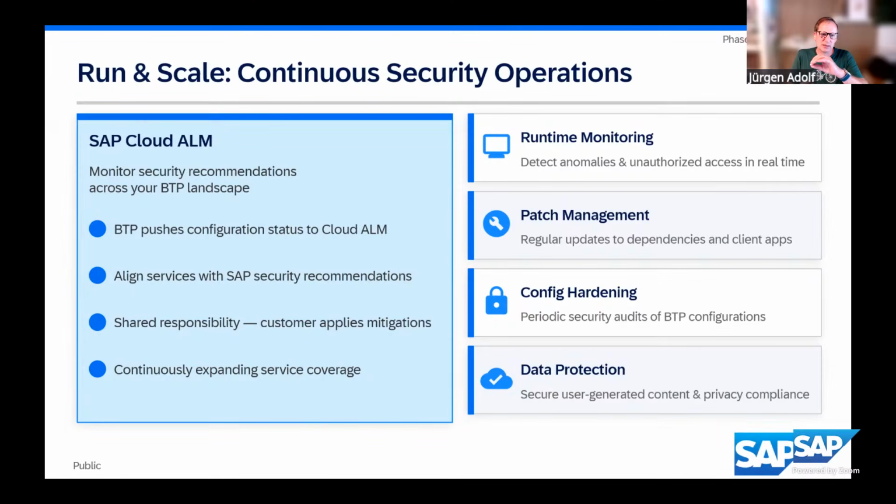And these recommendations, these controls are sent to Cloud ALM where you can monitor them. It's not all services yet at SAP, but it's continuously growing, and we try to get all the controls into Cloud ALM so that you can see exactly what the settings are for each service, and is it like recommended or is it different? And then there are some steps how to mitigate it and so on.